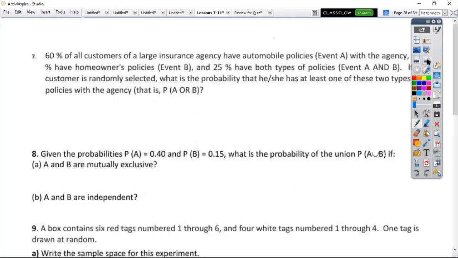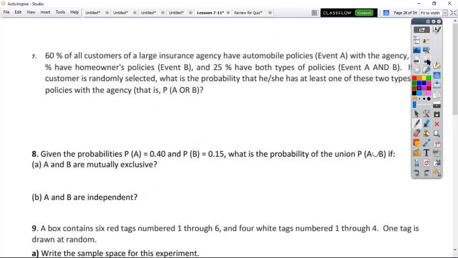All right, this is on your same page, but I just want you to find number 7 now. So number 7 is right below for you guys, right? Okay. So number 7, you are given 60% of all customers of a large insurance agency have automobile policies.